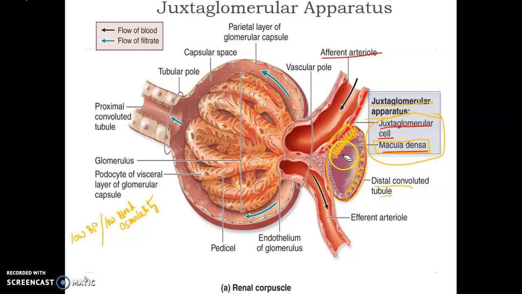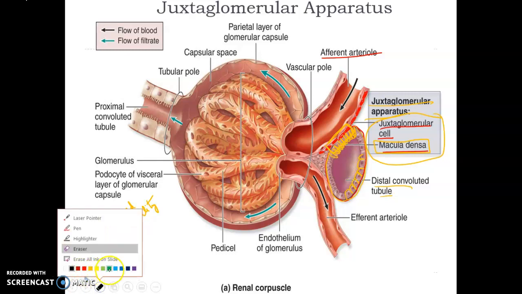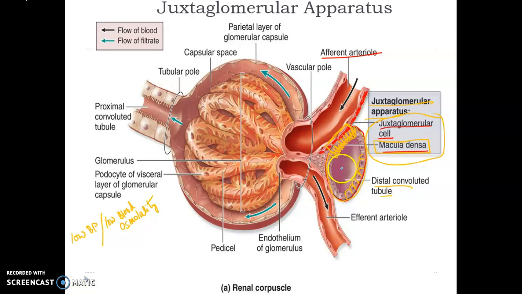Now I want the fluid flows through the distal convoluted tubule, and the fluid that is present in the distal convoluted tubule, if there is low blood pressure, obviously there will be less fluid flowing through the distal convoluted tubule, right?